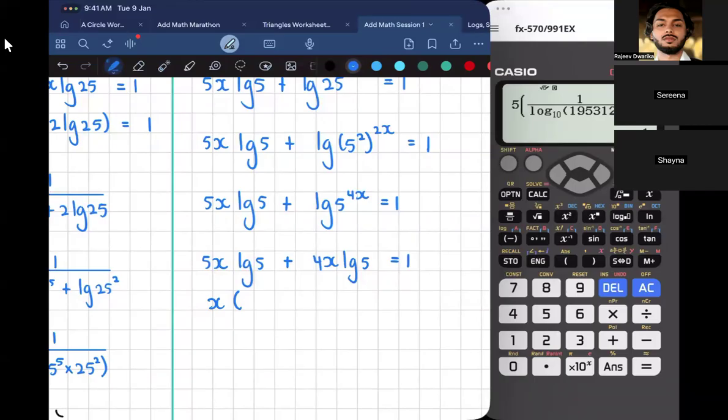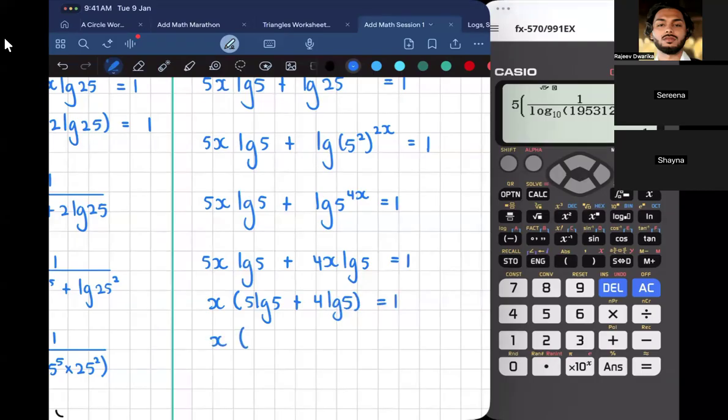Yeah, Sheena, 5 log 5 plus 4 log 5. I factor out x. And that'll be equal to 1.